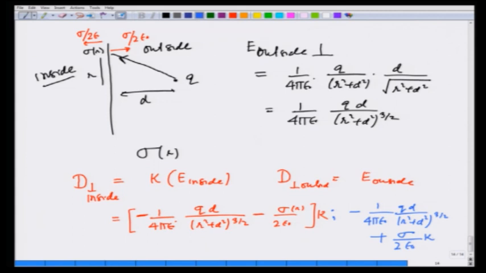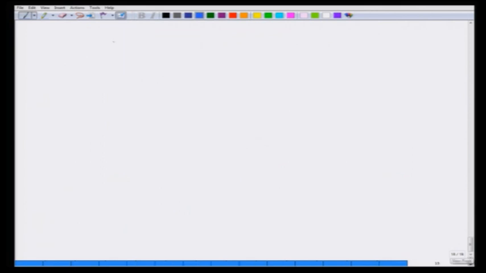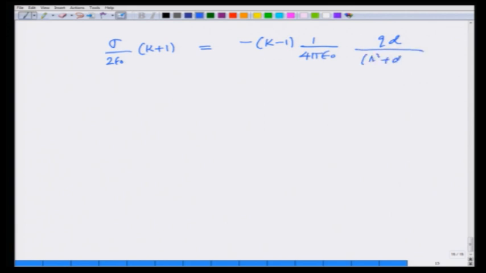Okay. Let us now do our algebra, bring this sigma to this side and take this to the other side, and you get sigma over 2 epsilon 0 times k plus 1 is equal to minus k minus 1 times 1 over 4 pi epsilon 0 q d over r square plus d square raised to 3 by 2, and therefore, now this 2 epsilon 0 cancels with this here, you are left with 2.